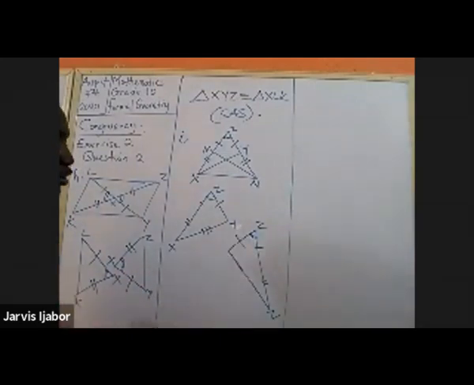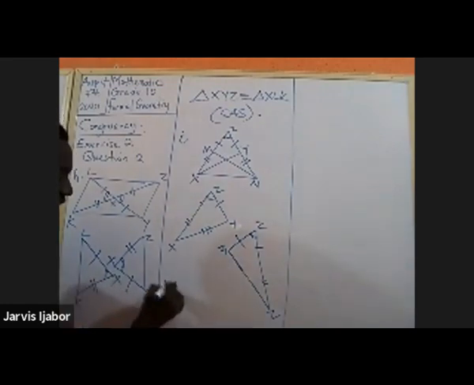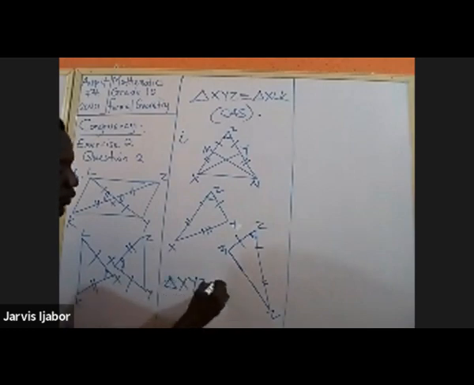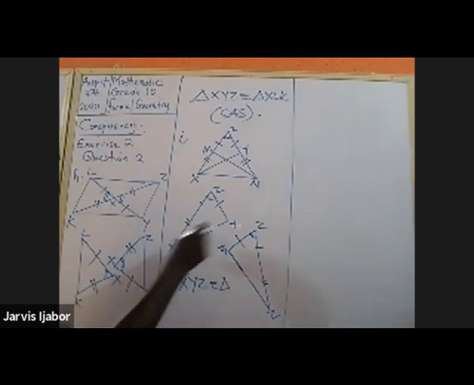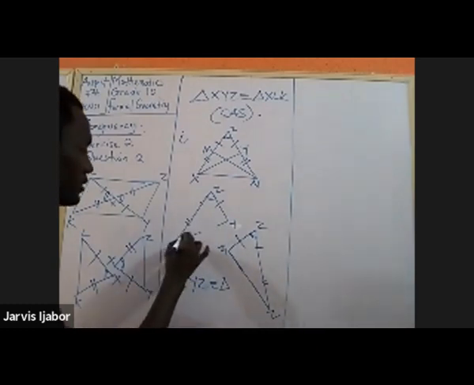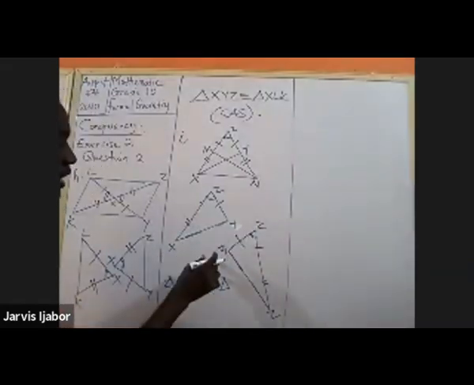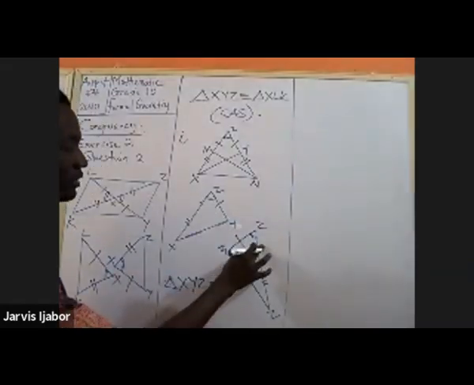So you discover that this is what? N. So by congruency, triangle XYZ will be congruent to triangle what? Sorry, nothing here, please. Let's clean this.